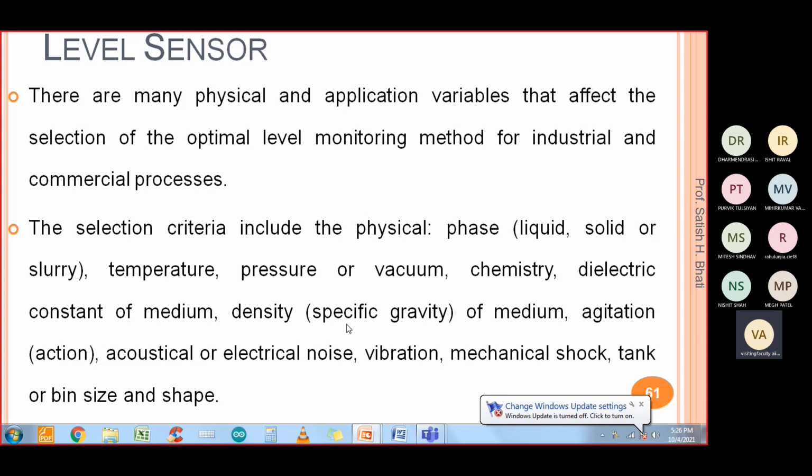Whatever material or liquid you are using the sensor for, what dielectric constant value does it have? You also have to consider the density of the material, meaning its specific gravity. Then agitation, and whether acoustic or electric noise is there or not.